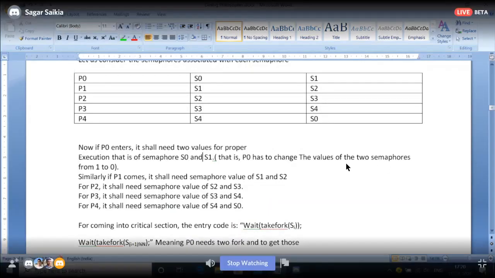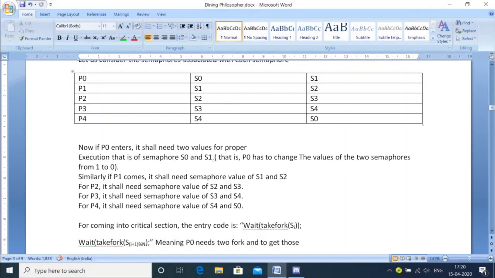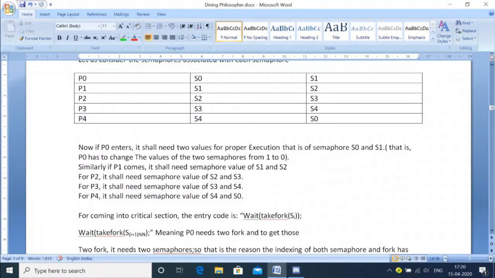So now let us say we have a situation. If P0 enters, it shall need two values for proper execution, right? Which are the two values? Semaphores S0 and S1. So what does it mean? It means that if P0 wants to use the forks F0 and F1, then it has to set the semaphore values of S0 and S1 from 1 to 0.